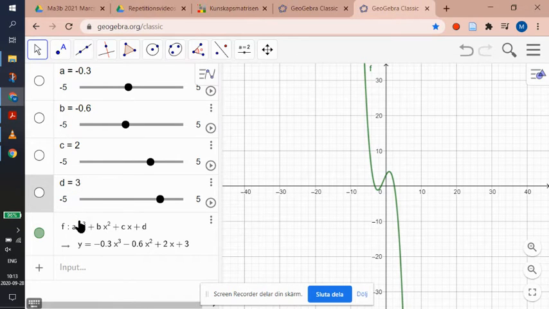Okay, so if it's going to be a degree 3 polynomial, then I know that the value of a is not equal to 0. But I can choose any other real constants a, b, c, and d, and then whenever I choose some values, like a is equal to negative 0.3, b is equal to negative 0.6, c is equal to 2, d is equal to 3, as soon as I choose values for a, b, c, and d, I get an example of a cubic polynomial, a degree 3 polynomial.